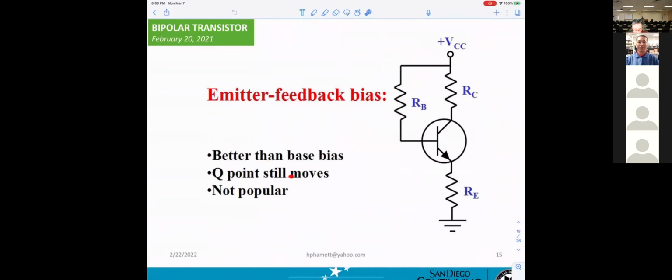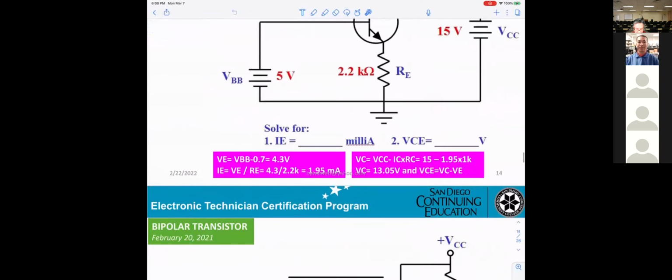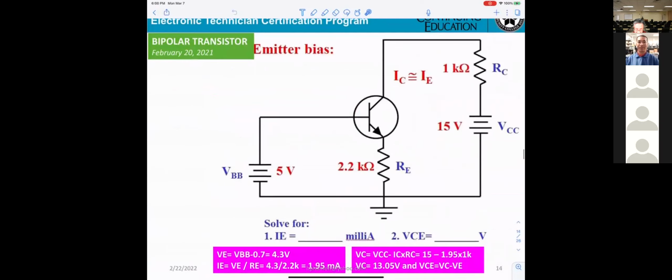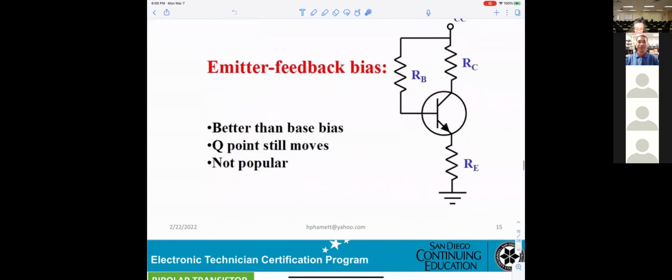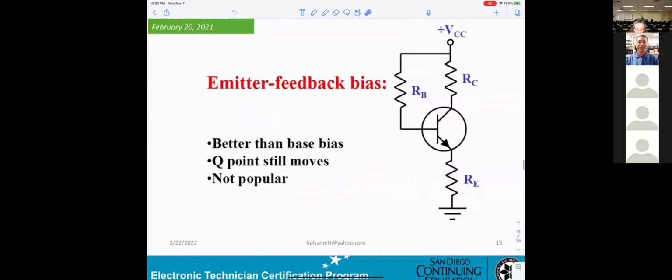Q point is still moving and it's not popular, not being used. But my question is, how come they say it's better than base bias? This is a base bias here, and this will be emitter feedback bias.